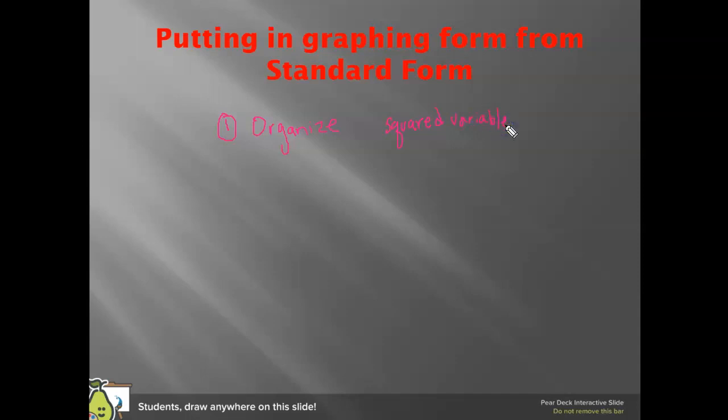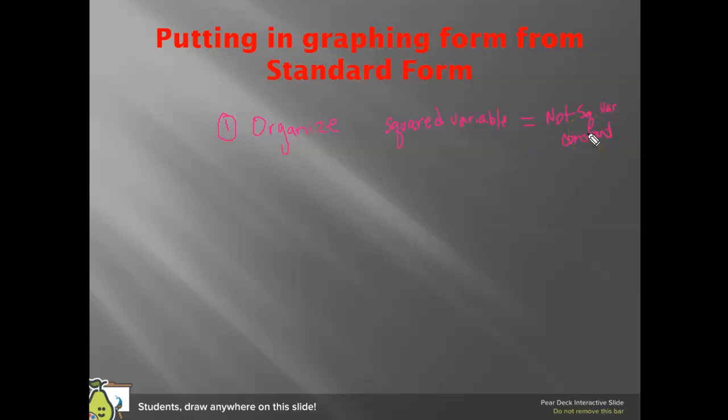If it's x squared, we want the x squared and the x. Or if it's y squared, we want the y squared and the y. But we want the squared variable on the left side of the equal sign and the non-squared variable and the constant on the right side of the equal sign.